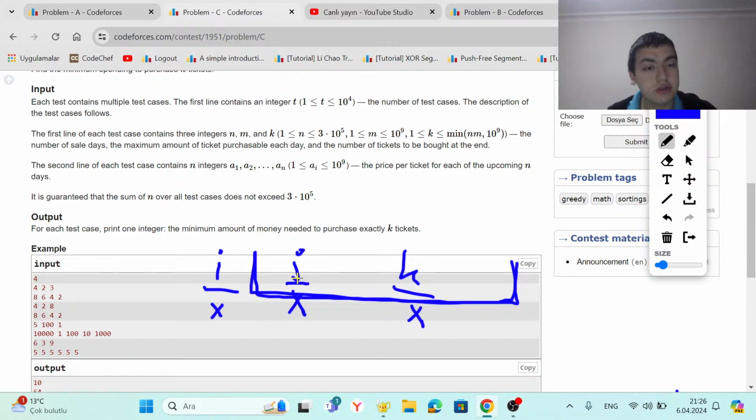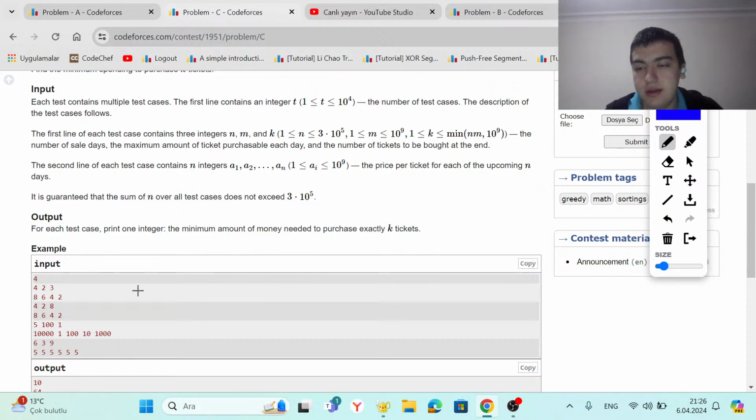After making this observation, we can say that the order of the elements that we will choose will not be affected by the elements that we have already chosen.